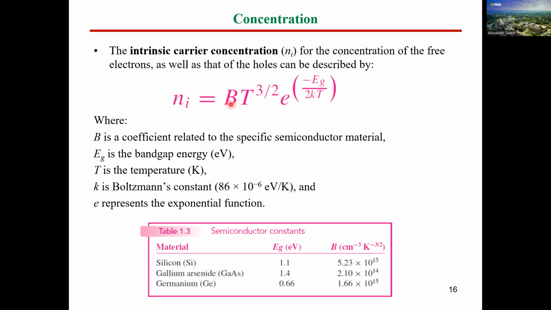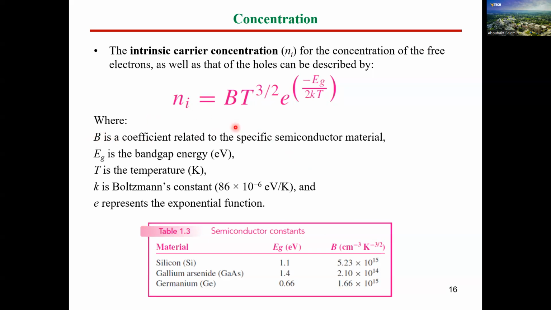B is the scaling constant, its coefficient, and this coefficient varies according to the material. So every material has its own coefficient. For instance, here in this table, for silicon, the B value is 5.23 times 10 to the power 15. For sure, in problems, you will have these constants given in order to solve any problem in the exams or anywhere.